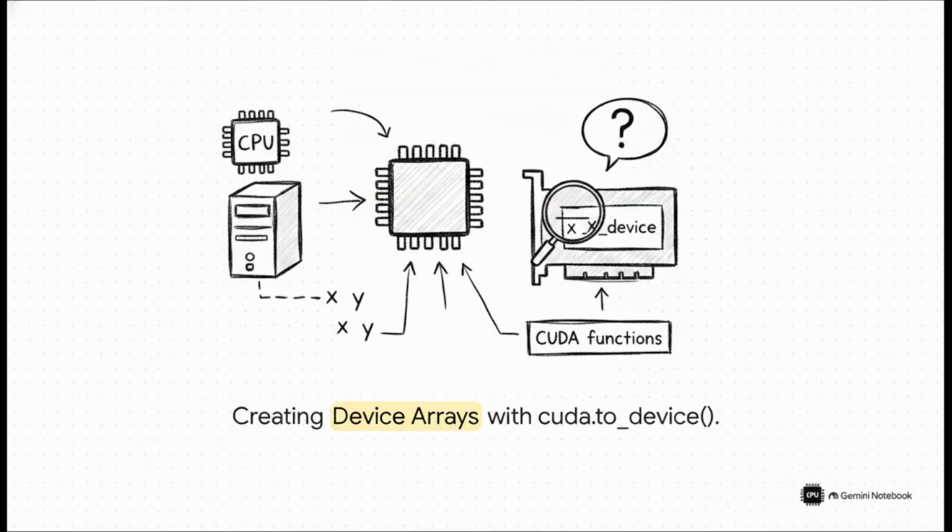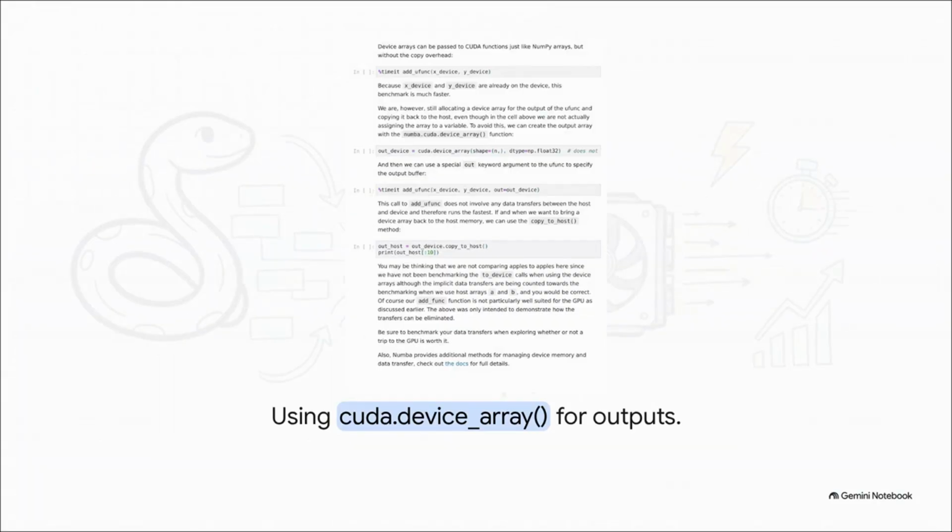You've completely bypassed that massive copy and overhead we saw earlier. But wait, actually, scratch that. We aren't completely done. We still have to handle the output. Because if we just pass those device arrays in, Numba is still going to auto-allocate a brand new device array for the result and copy that back to your CPU. To stop this, we use a quick two-step process.